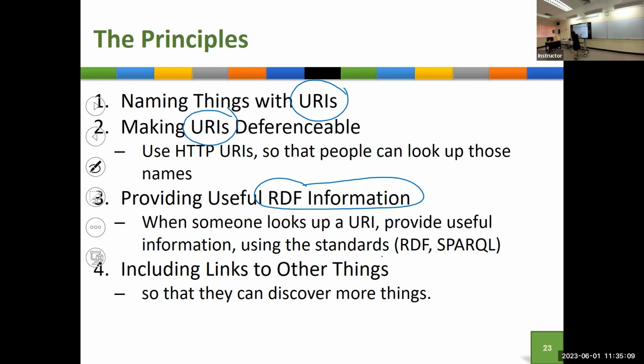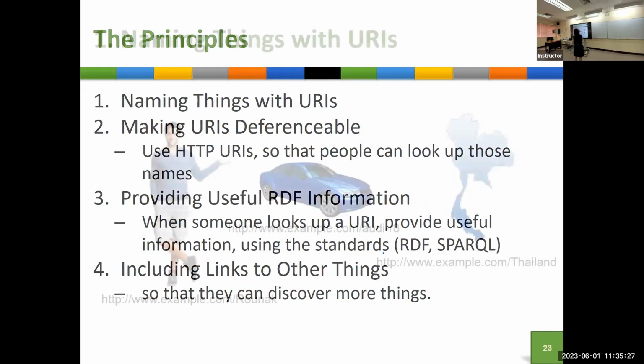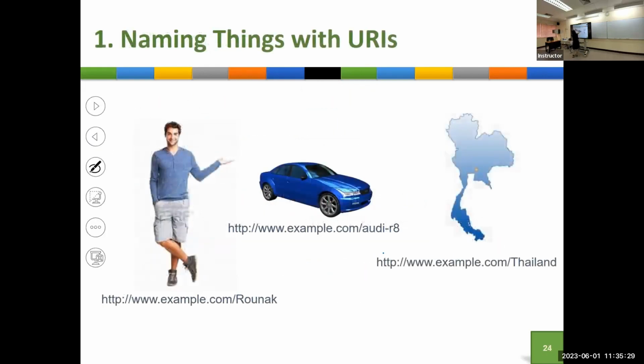And then connect or link your data with many other data, so make the network effect. The graph should connect, right? If you have a graph that never connects to anyone, then it's not real, it's very isolated. Okay, so the first thing, naming everything with URI.